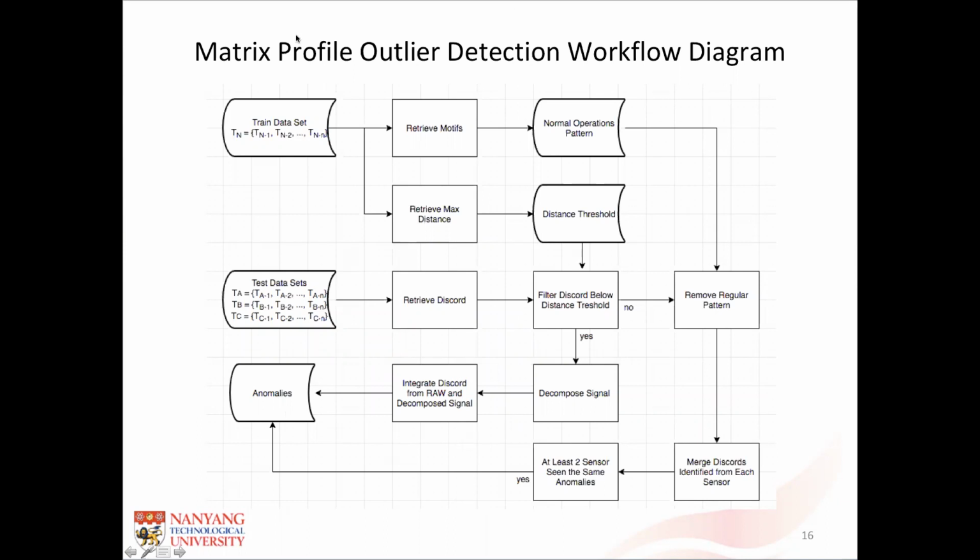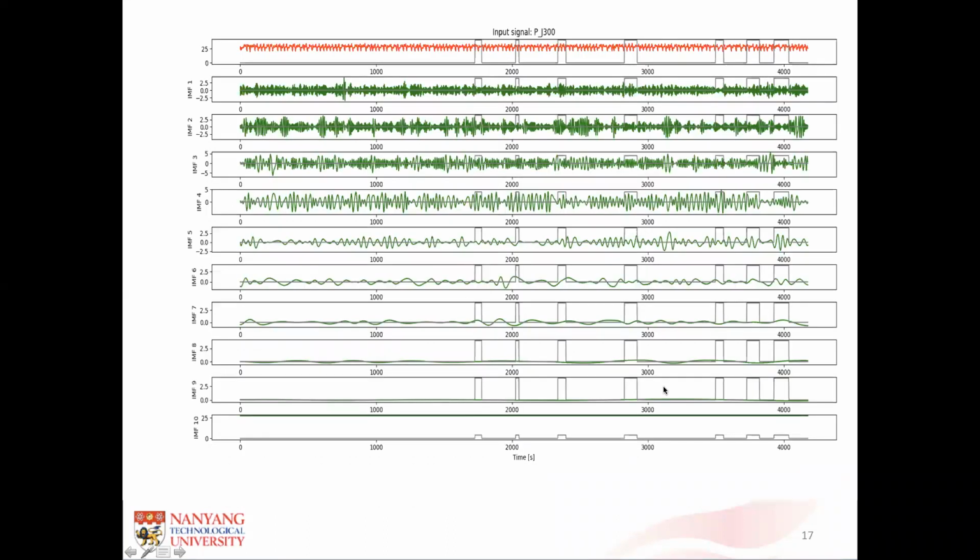Here we can have a look again at the workflow. And this is the way we are using to decompose the signal. You can see that is the raw data. Then we use EMD, and found the IMF signals, and the last one is a trend.